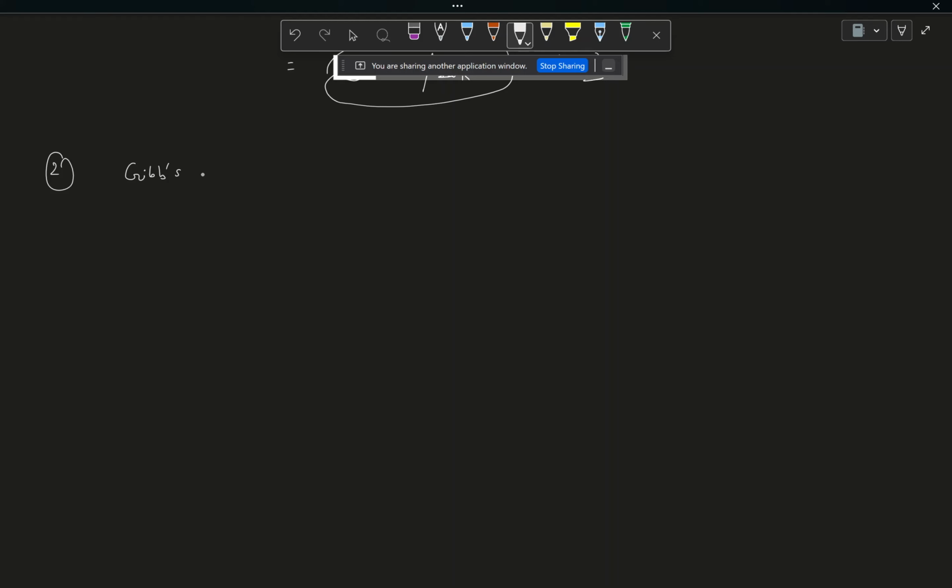This is called the Gibbs paradox, which is a problem of statistical mechanics.